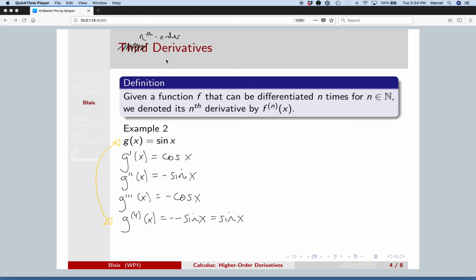How about the fifth derivative? Well, we're differentiating sine of x. We won't get any different result than when we differentiated sine of x here. So we'll get cosine of x. And note that the first and the fifth derivative match. And this continues. The sixth derivative will be minus sine of x. And we see that this matches the second derivative.